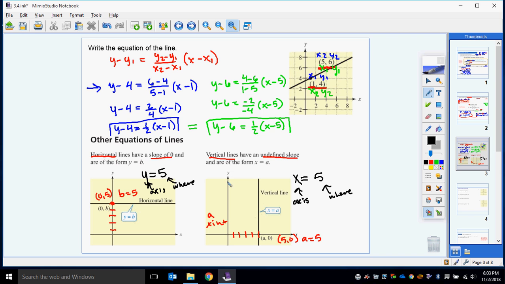Just like horizontal, if it's crossing the y-axis at 5, that means it can't ever touch the x. It's only touching y at 5. So it needs to be parallel with the x-axis. So horizontal lines, y equals; vertical lines, x equals.